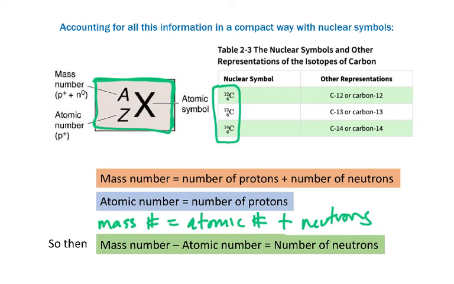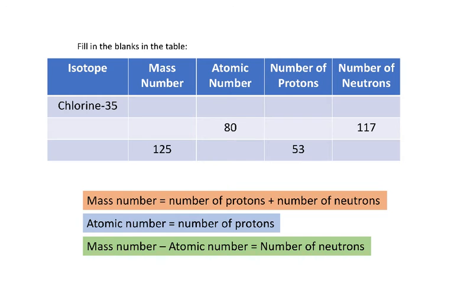Or we could say then the mass number minus the atomic number is equal to the number of neutrons. Let's practice. Here's a fill in the blanks in this table.